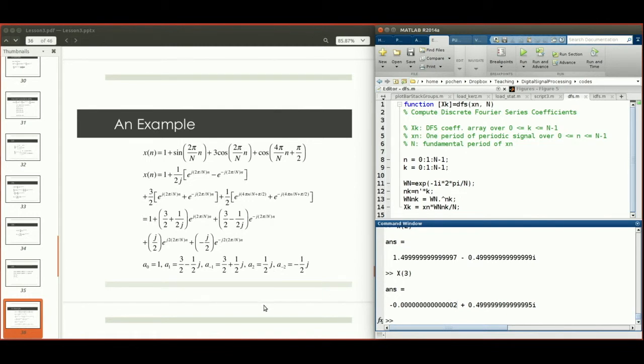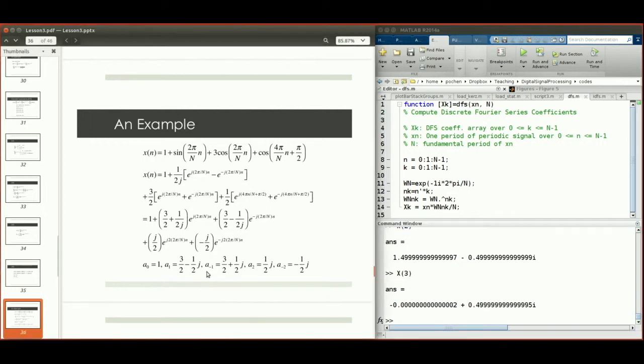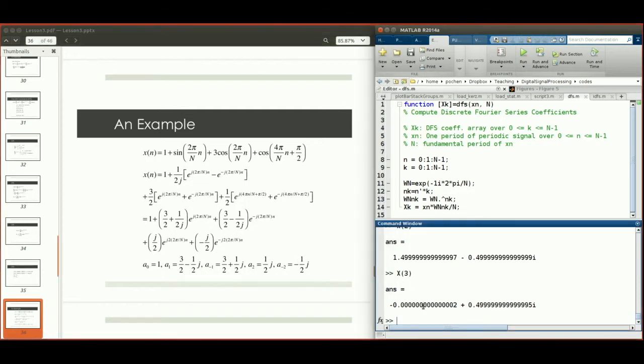And then let's look at a minus 1. a minus 1 is the same as a99, right? And a99 here equals big X100. Don't forget to add 1 next to it. It's 1.5 plus half a j. It's almost 1.5, plus 0.5j, right?